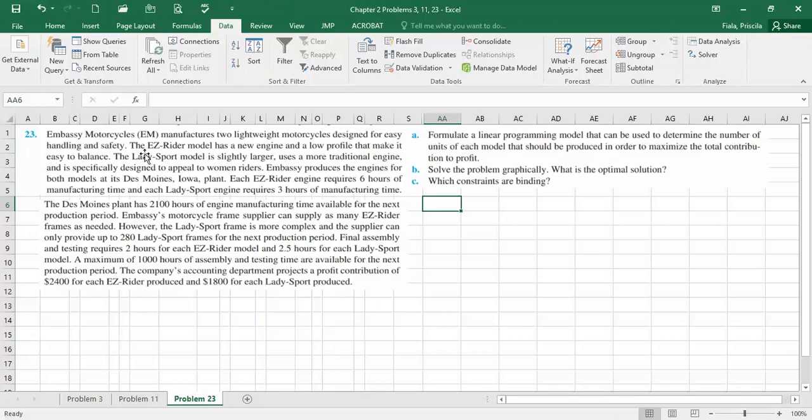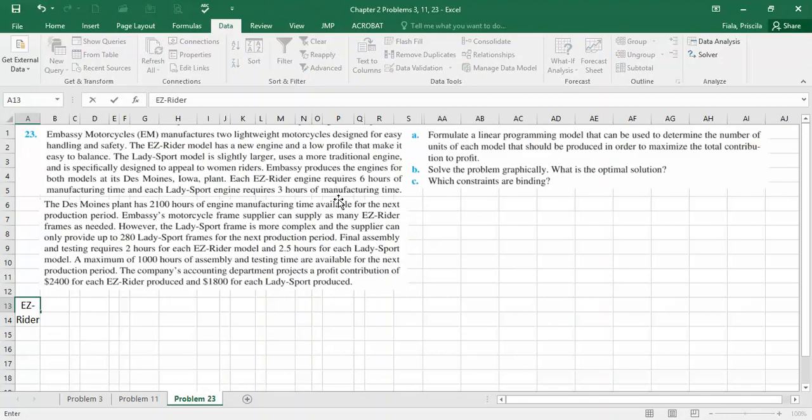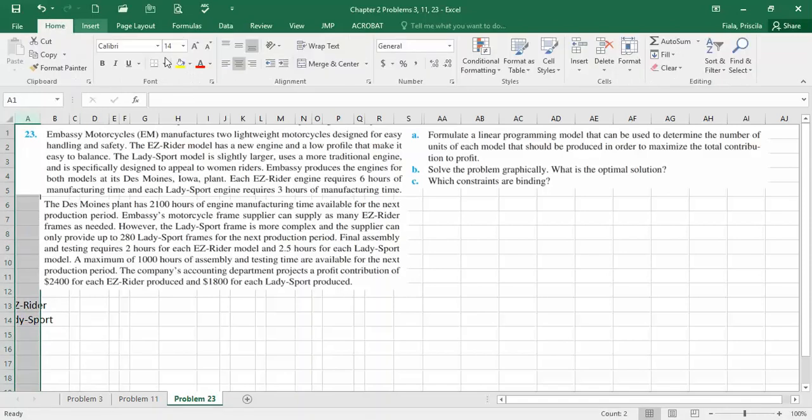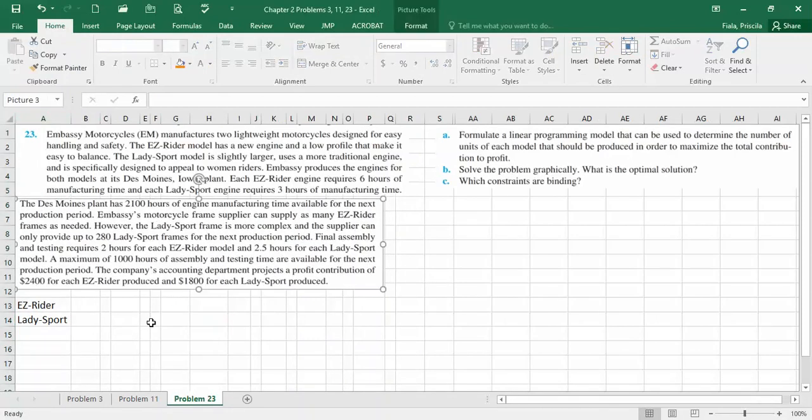So let's continue. The Easy Rider model has a new engine. Okay, so the Easy Rider, let's put it over here so you know what we're talking about. And then the Lady Sport. And then I'm going to put it like this. Okay, here you go.